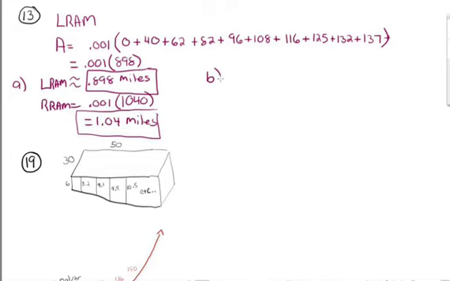Then we go to part B, and it says roughly how long did it take the car to reach the halfway point? So if we take half of 898, we obviously get 449. So now the question is, how long did it take us to get to a total distance of 0.449 miles?